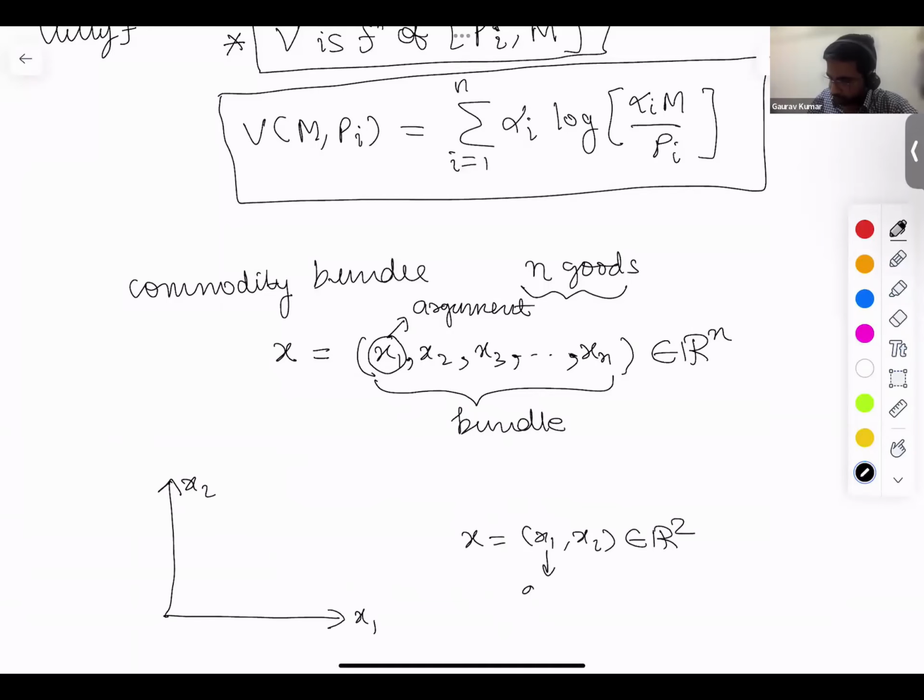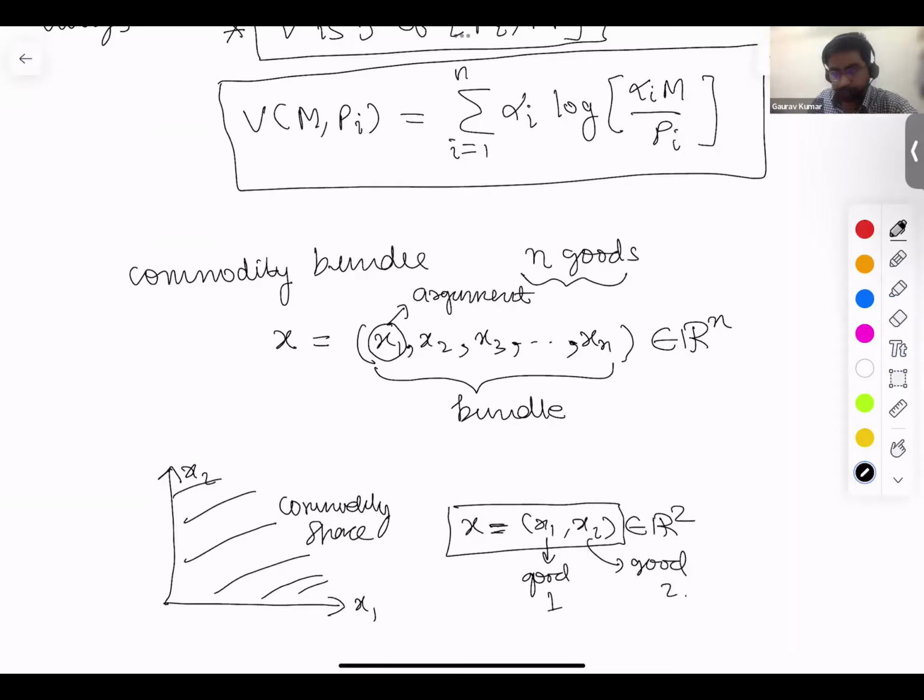This complete thing is called a bundle, and this particular individual good in that bundle is called the argument of the vector x. Is it fine, Ankit?